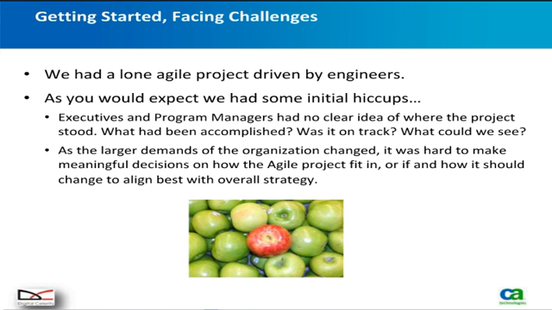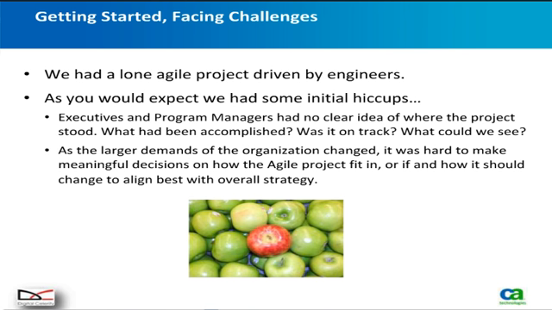The real challenge we had was that it didn't work as well for the rest of the organization. Having an Agile project by itself means you have some challenges in terms of how stakeholders get visibility into that project. How does it fit into the larger life cycles of the rest of the projects in the company?